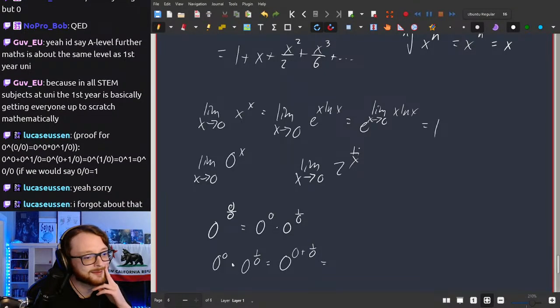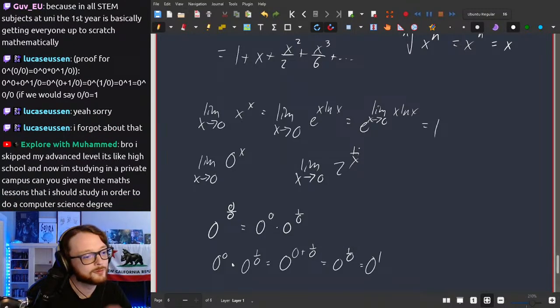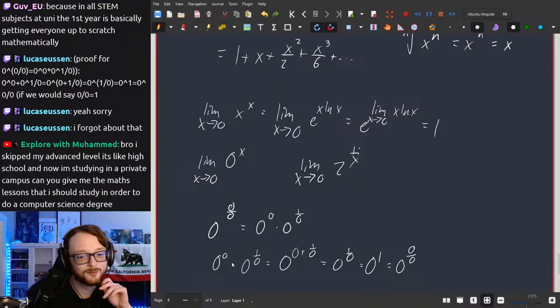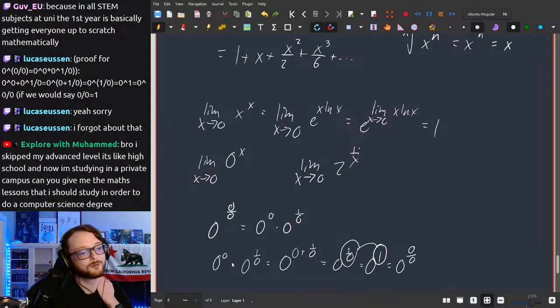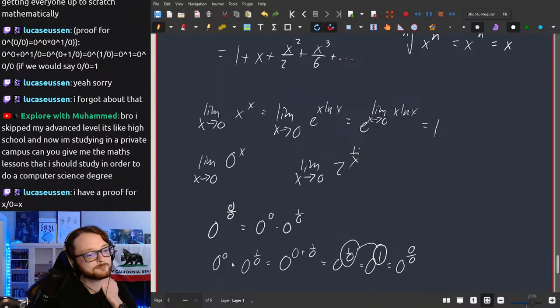Now you're claiming 0 plus 1 over 0 is 1 over 0. And now you're saying that 1 over 0 is equal to 1? You weren't even saying that before, were you? I'm questioning from that exponent to that exponent. Oh, x over 0 equals x. Okay.